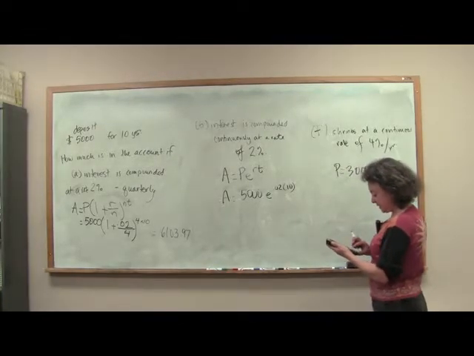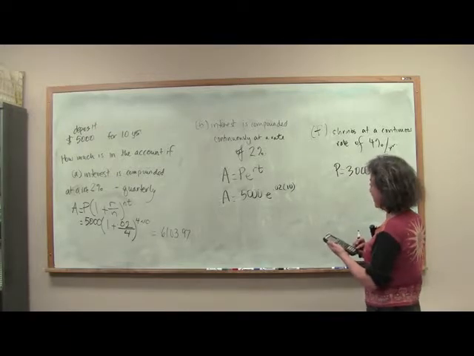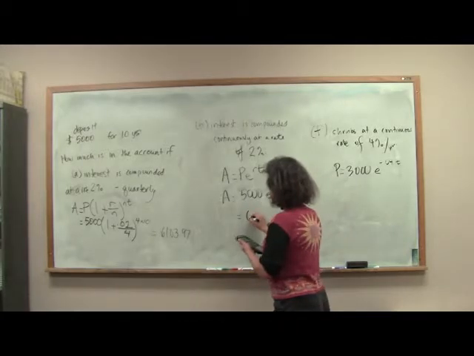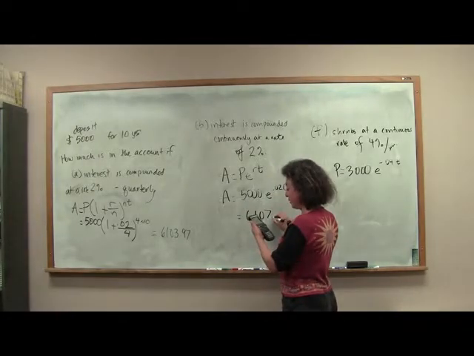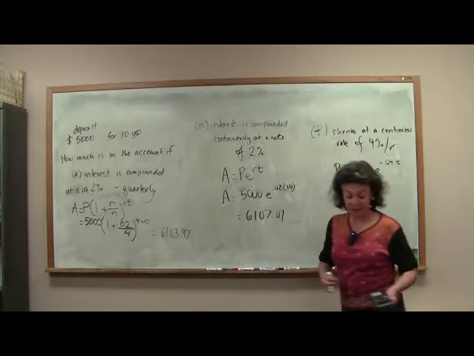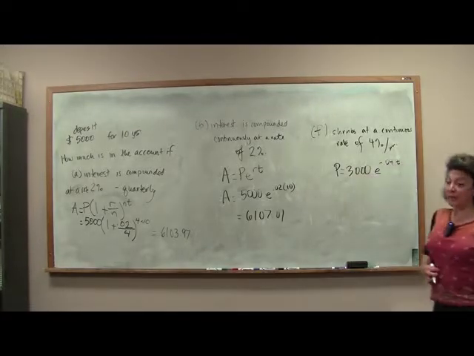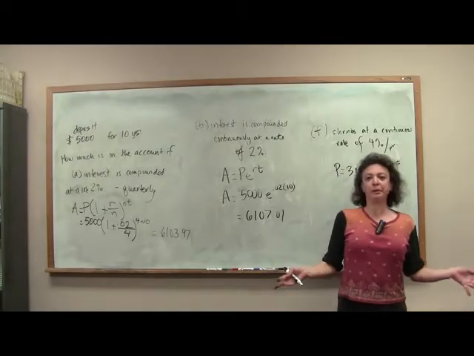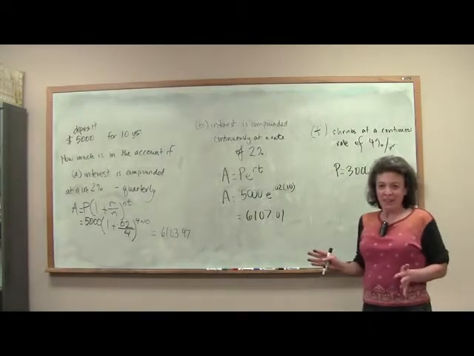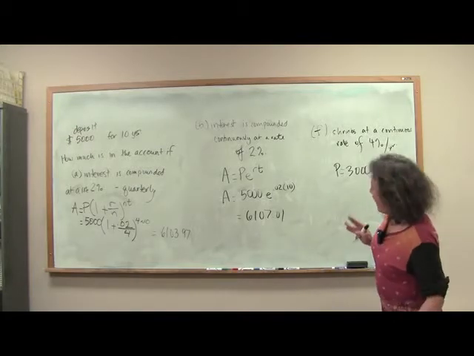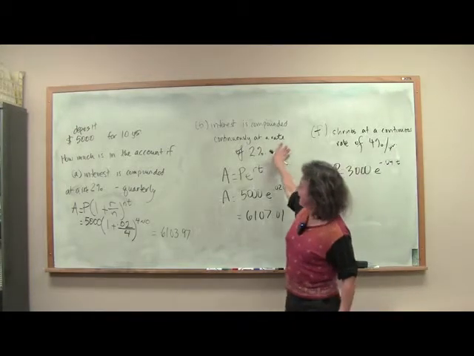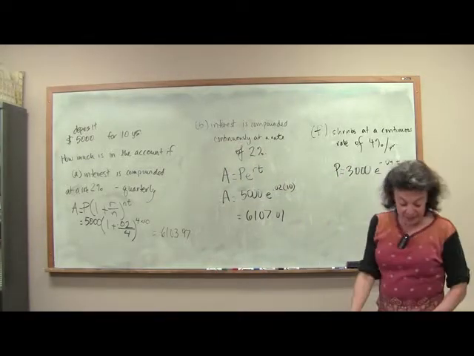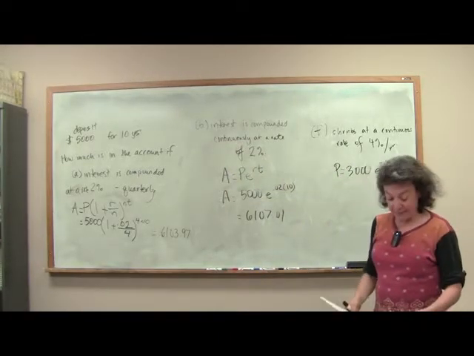So we compute e to the 0.02 times 10, multiply that by 5,000, and we have $6,107.01. Notice, it's not a heck of a lot more. $4 over a period of 10 years is nothing to write home about. On the other hand, it does make sense that if something is compounded continuously, it's going to have more than, say, if it was not.